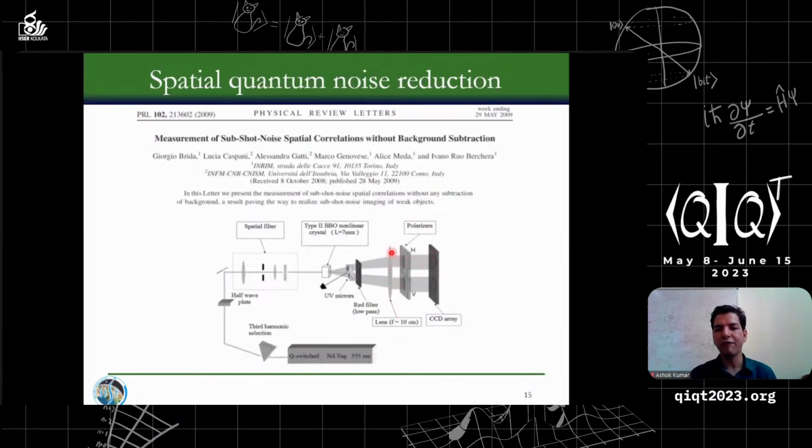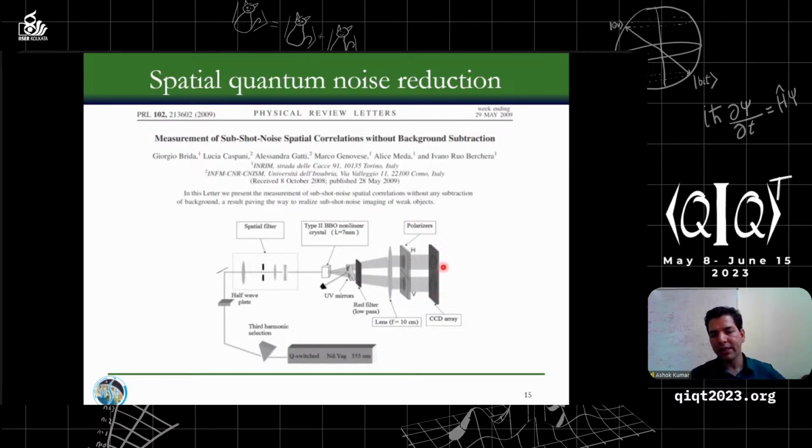Basically, they use a Fourier lens, and they map these position correlations to momentum correlations on a CCD. So instead of just scanning another detector, they project the whole beam on the EMCCD camera.